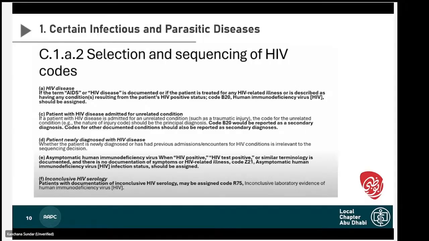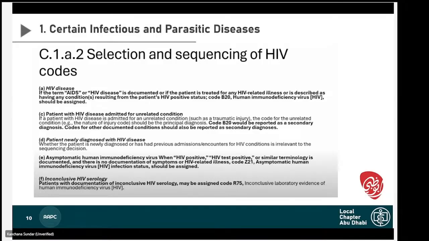So I want you all to focus on point D, patient newly diagnosed with HIV disease. Whether the patient is newly diagnosed or has had previous admissions and encounters for HIV conditions is irrelevant to the sequencing decision. What do they mean by this?